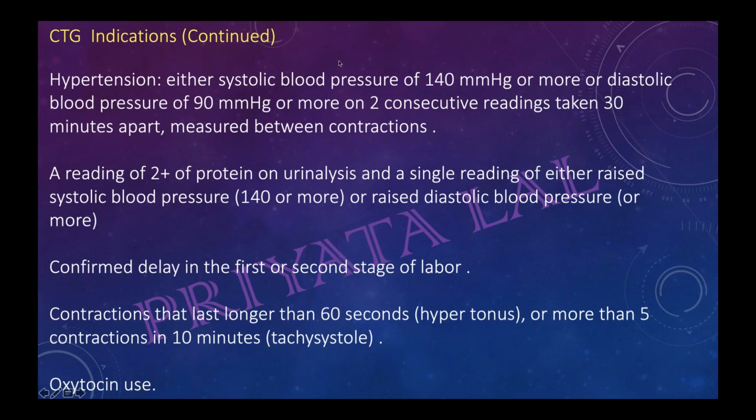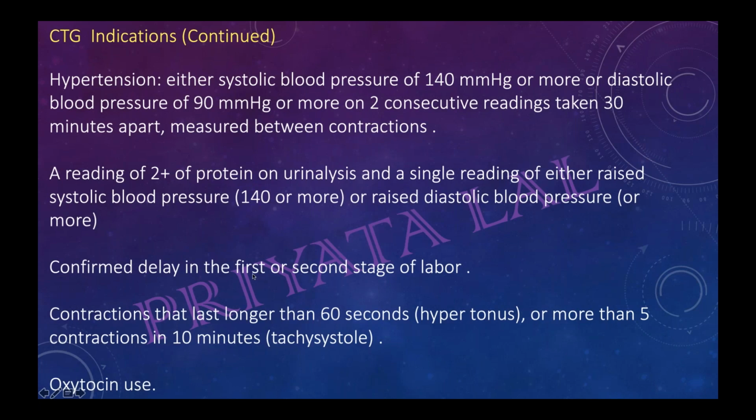Then these are further indications. Hypertension: severe hypertension, or systolic more than 140 and diastolic more than 90, on two readings taken 30 minutes apart. Then if they have done a urine dipstick, it is 2 plus on one occasion, or a single reading of this along with either systolic or diastolic pressure raised, or if there has been delay in labor.